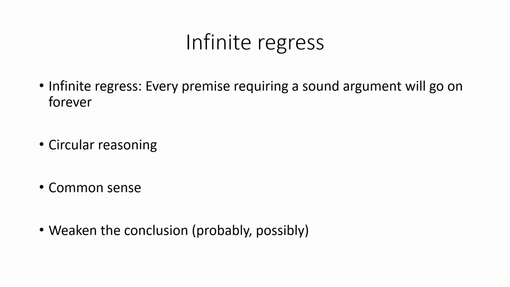A perfect example of this is there was a time when everyone thought that the sun revolved around the earth, instead of the Earth revolving around the sun. That seemed to be common sense, because you'd look up and it seemed like the sun was moving around us, and then further evidence and science showed us the opposite. So there's an issue with appealing to common sense.